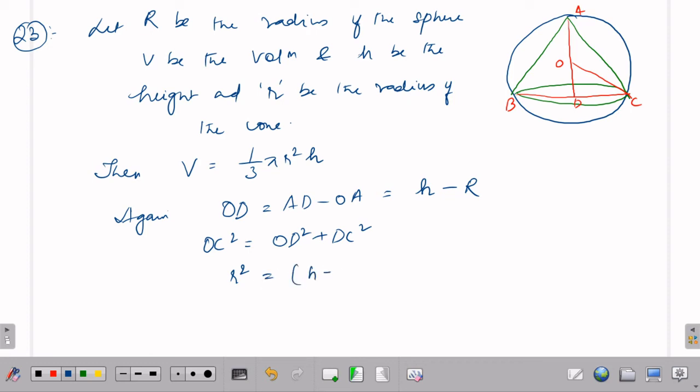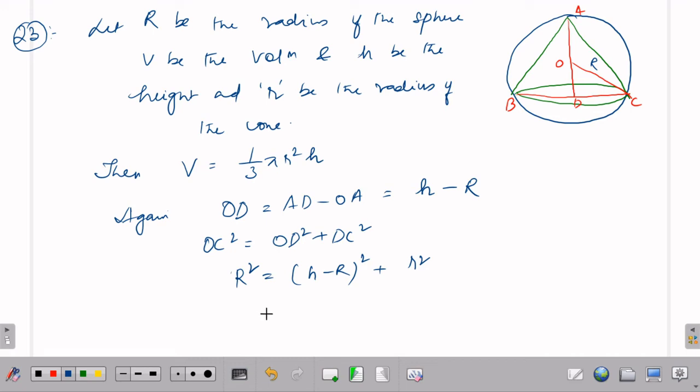Then your OD is H minus R, the whole thing squared, and DC is the radius of the cone. What I did wrong over here is that OC is the radius of the sphere, and I made it small r. Actually, that should be capital R square. Sorry about it, I didn't look at the diagram nicely. That's your capital R, the radius of your sphere.